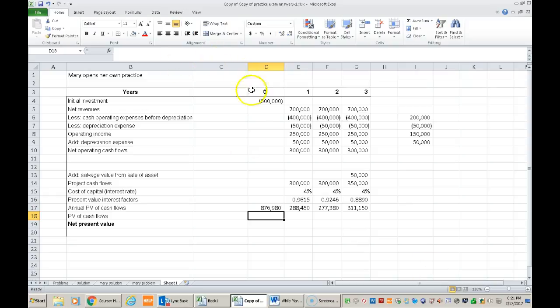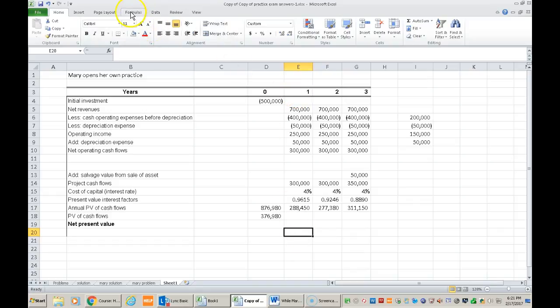However, we invested $500,000, and so our actual net present value is $876,980 less the $500,000, which is $376,980. So by investing $500,000 in year 0, we would have earned $377,000. Let's double check that number by doing this in Excel.